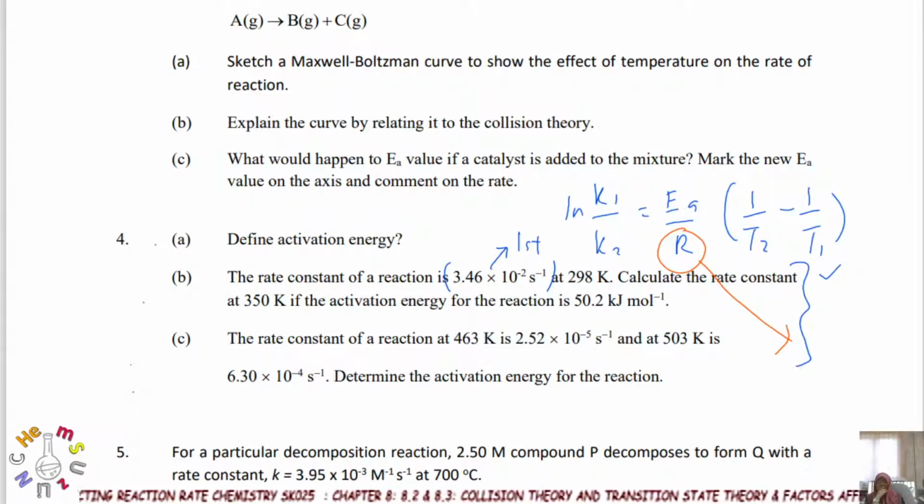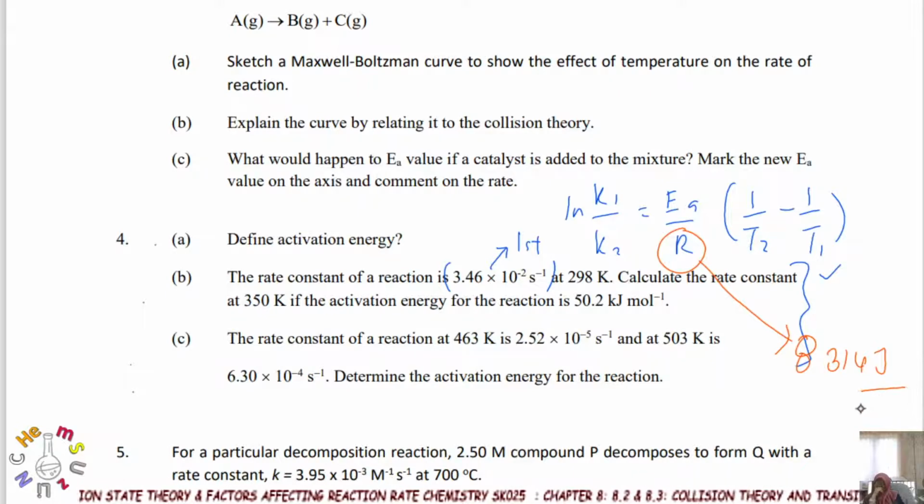Sekarang ni EA tu energy tau. Yang 8 tu ke? Unit dia apa? 8.314 Joule per mole per Kelvin. Okey, Joule per mole per Kelvin kan?